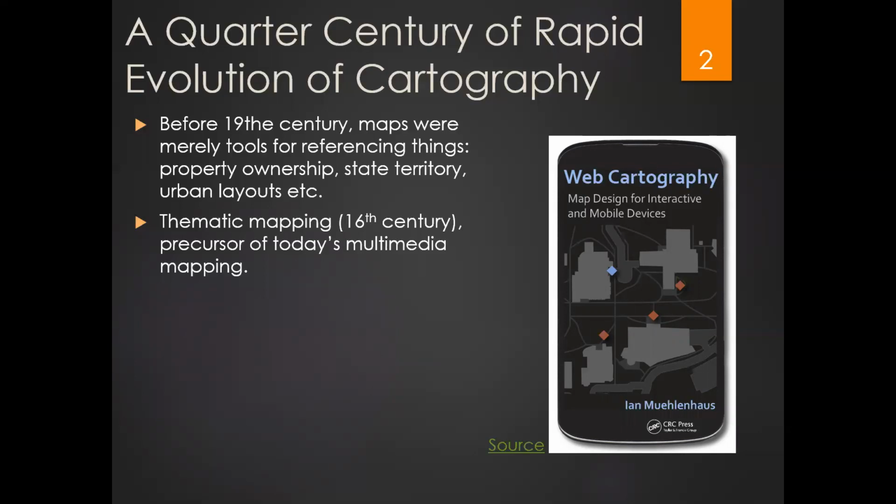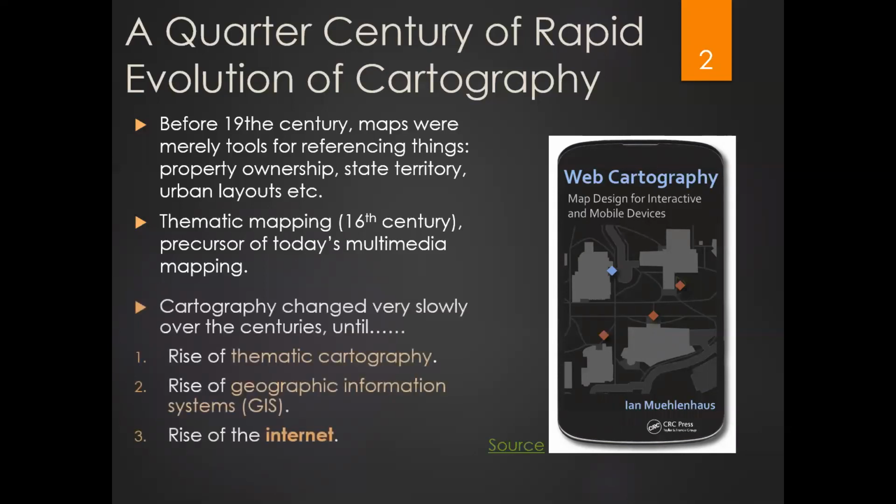There was no specific purpose for a specific map. It was only for recording locations. And actually, the cartography discipline developed pretty slow until 3 milestones. They all appeared in 20th century.